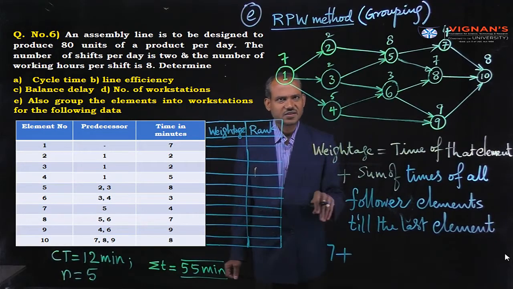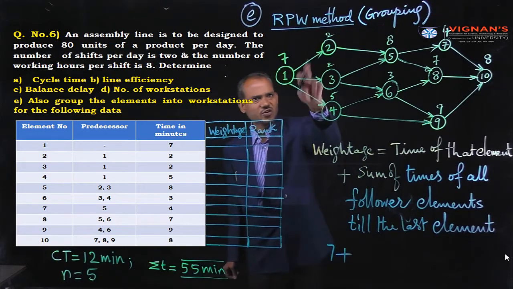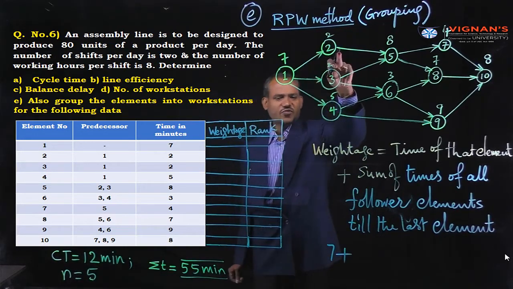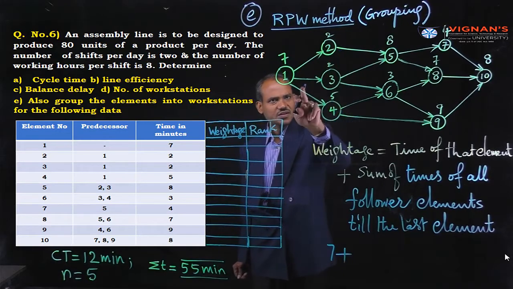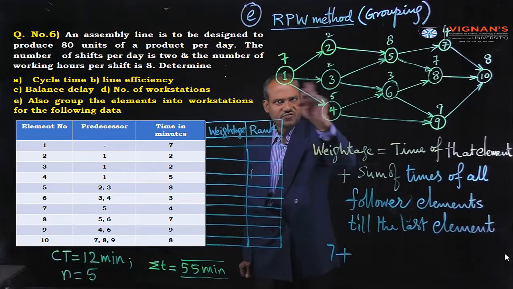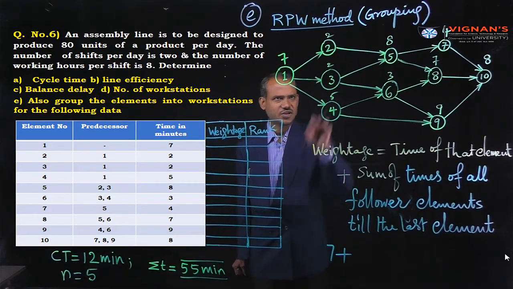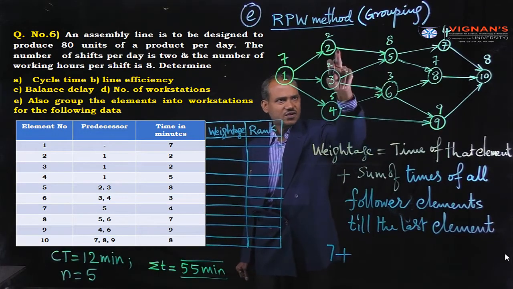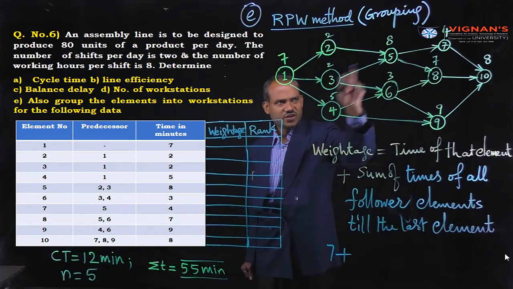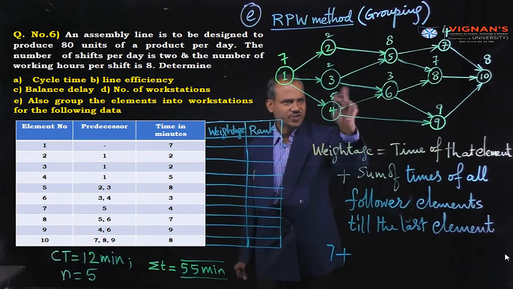Sum of times of all follower elements: 2 is the follower for 1. 3 is the follower for 1. 4 is also a follower. Next, 5 is the follower for 3 and 2. 6 is the follower for 3 and 4.